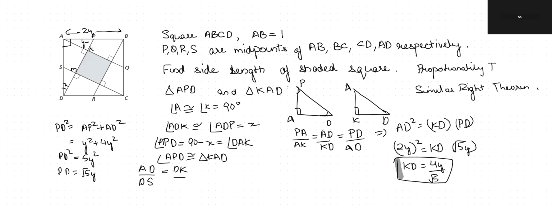And AD is twice of this, so DK is also twice of MD. Okay. But AS and ST are equal. So MK is equal to MD.